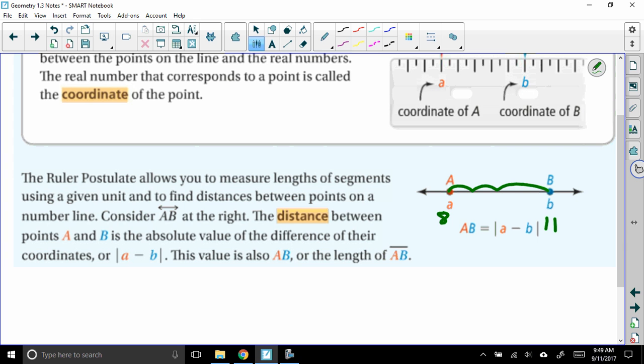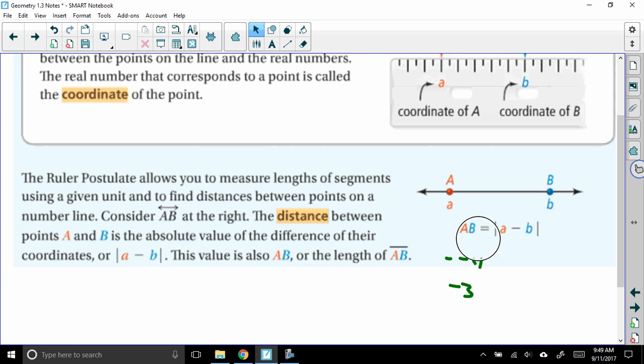Well, if you were to take the difference between 8 and 11, you would take 8 minus 11, which is -3, but distances aren't negative. So that's why they use the absolute value, because whether the difference is positive or negative, it's going to be a distance away. It's going to be 3 units away. Basically subtraction's not commutative like addition is. So that's why they use the absolute value.